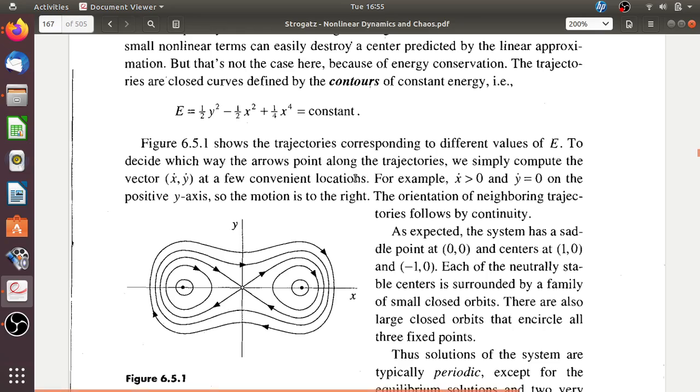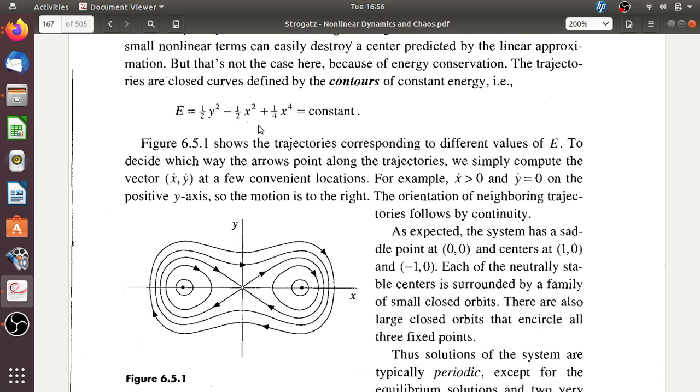E is going to be constant, and the constant depends on the initial condition, right? For an initial condition, E is going to take some value and that is going to remain along that trajectory. So for some particular constant, this equation will provide a contour, and that contour represents a trajectory.